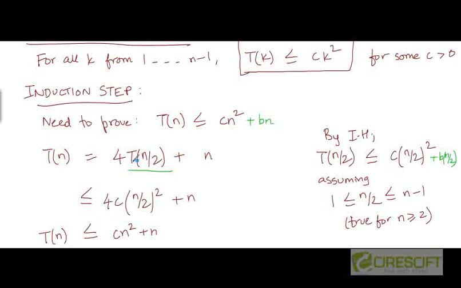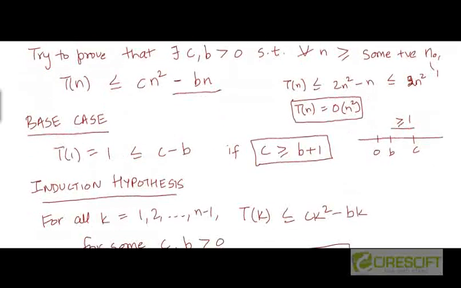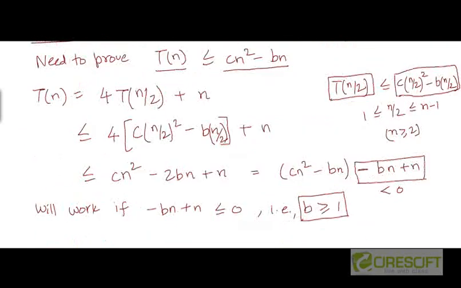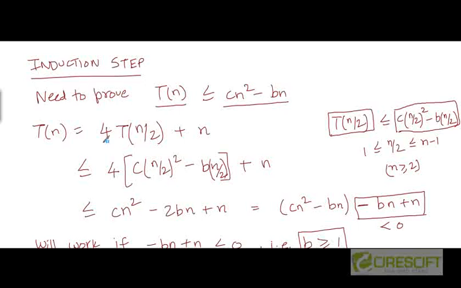So going back to this proof, I'm ignoring the base case here. In the inductive step, this would have been a positive sign instead of a negative sign. And so we would have got Cn square plus 2Bn plus n, which could have been written as Cn square plus Bn plus n.